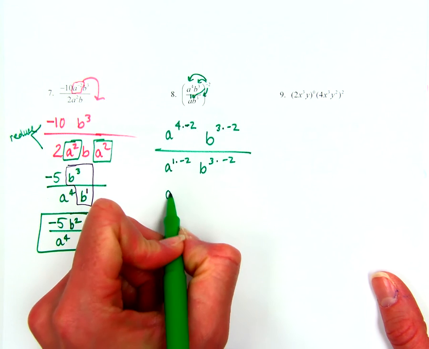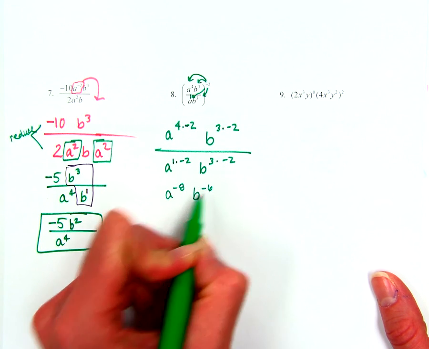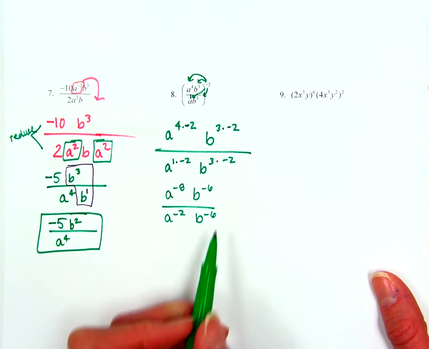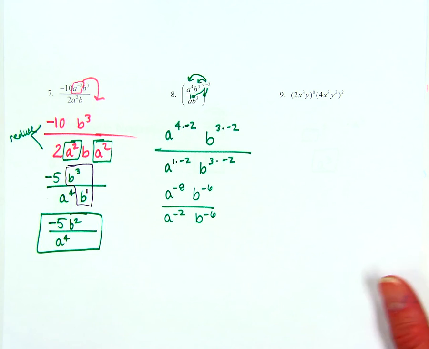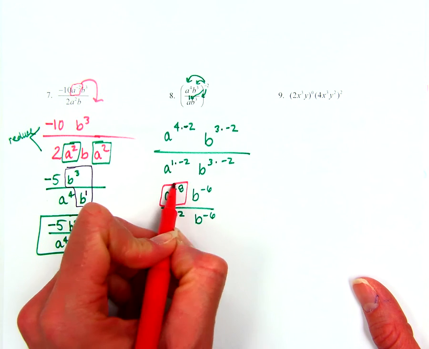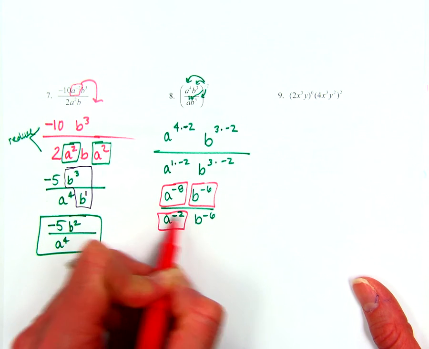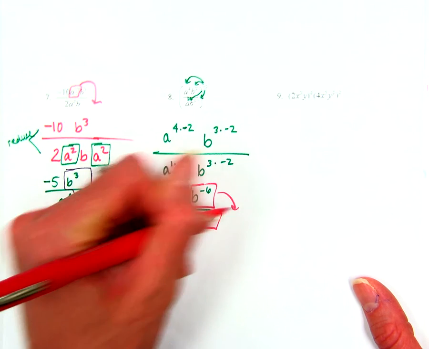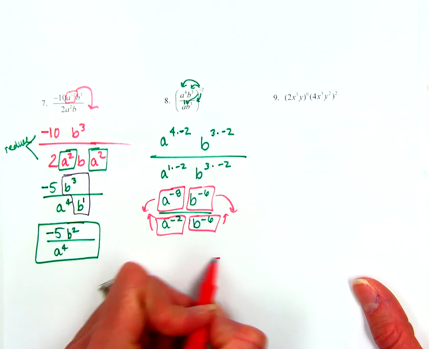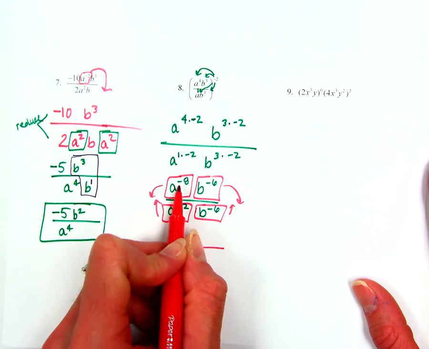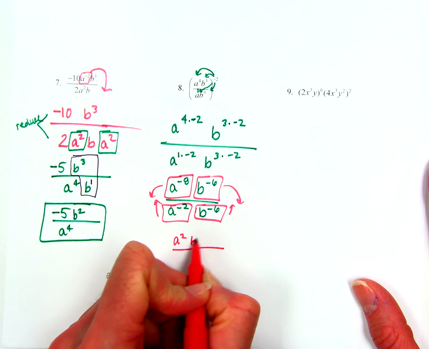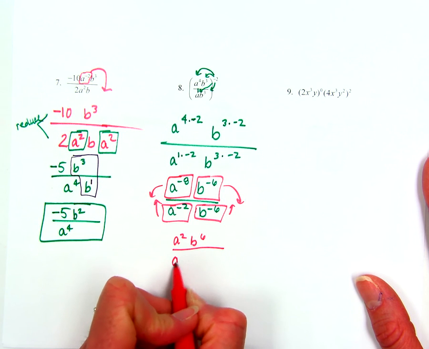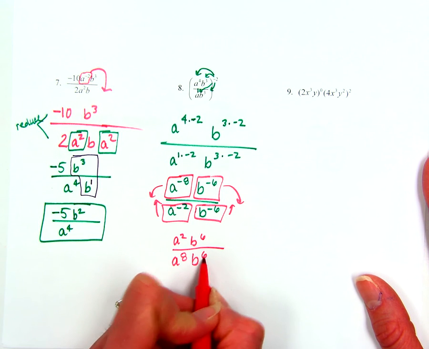All right, so a to the negative 8th, b to the negative 6th, a to the negative 2nd, and b to the negative 6th. All right, but now I have a lot of negative exponents. So anything with a negative exponent needs to switch to the other part of the fraction. Well, now that means everything is switching. So this goes down, this goes down, this goes up. Okay, so now instead of in the numerator, instead of these being there, I have a squared b to the 6th. These two things just moved up. And then these two move to the bottom, a to the 8th and b to the 6th.